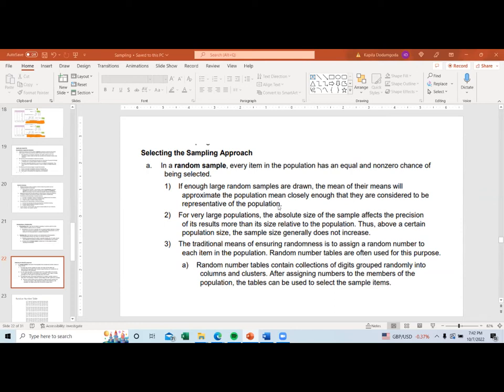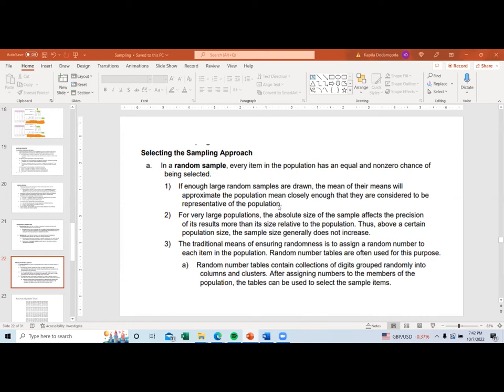However, if we pick enough good random samples, a lot of samples, each sample will have a different mean depending on what items are included in the sample, because you take one sample from one area, another sample, another sample. Each one of the samples will be different, so the sample means will be different.